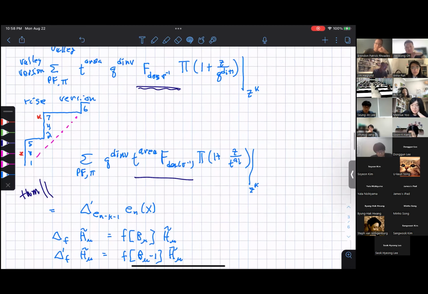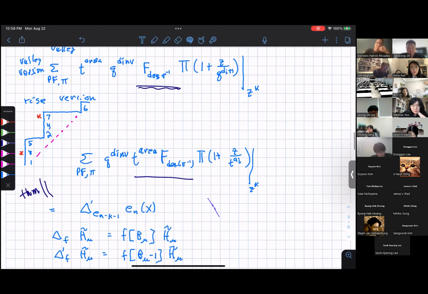If you think of the rise version, if you fix a Dyck path pi and ignore this thing here, then the area comes out and the sum of q to the dinv after that is an LLT polynomial.